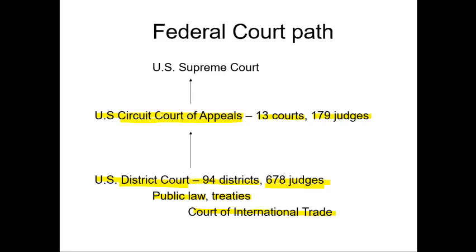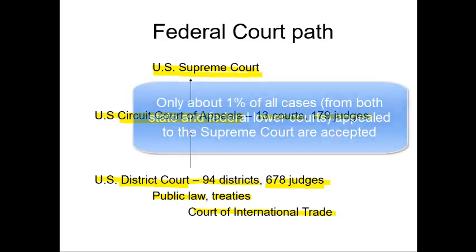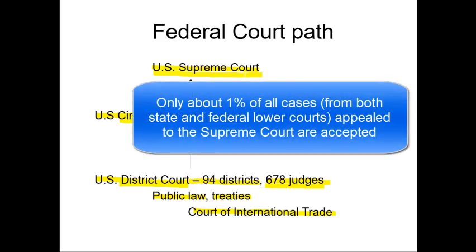Now, of course, if you want to appeal your circuit court case, and you've got an attorney willing to take that case and appeal to the U.S. Supreme Court, then your case could potentially get accepted. As we have seen historically, only about 1% of all the cases that are appealed to the U.S. Supreme Court ever make it.